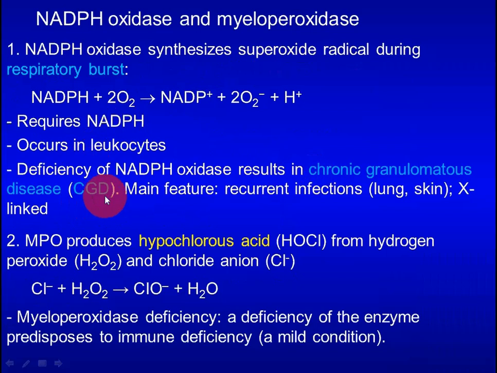Patients have recurrent infection. Myeloperoxidase produces hypochlorous acid. Myeloperoxidase deficiency predisposes patients to immune deficiency. Compared with NADPH oxidase deficiency, this is a milder condition.